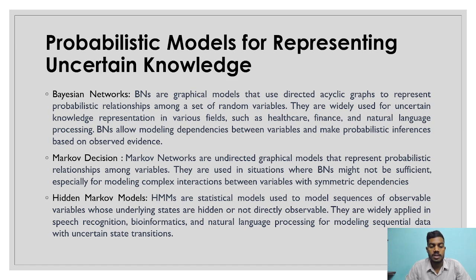HMMs are statistical models used to model sequences of observable variables whose underlying states are hidden or not directly observable. They are widely applied in speech recognition, bioinformatics, and natural language processing (NLP) for modeling sequential data with uncertain state transitions.